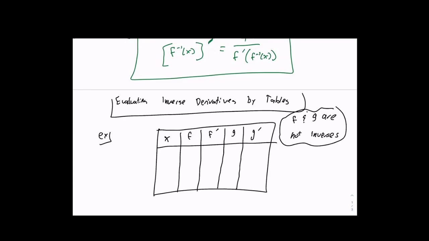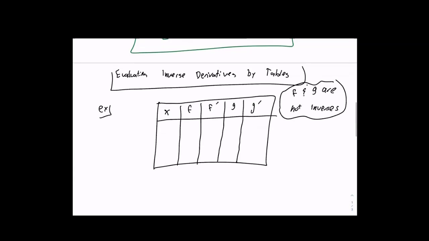You can also be given a table where f and g are inverses, but the focus on these problems is that f and g are not going to be inverses here. Because if they were inverses, if I wanted you to evaluate the derivative of g, there are some problems that can do some tricky stuff to manipulate it. I don't go that far because it gets really tricky when they are inverses. I don't think it shows up on the AP exam. Most of the times they show up, there's not really an f and g. It's just one function f, and that's it.